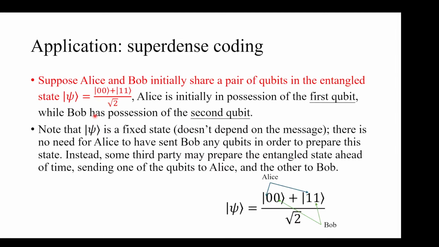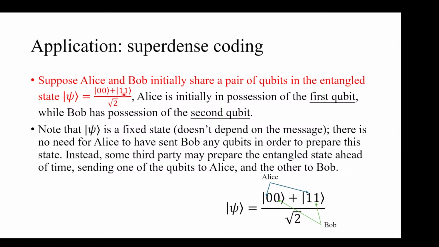So first step is we have a huge catch here. We need to suppose that Alice and Bob, in addition to Alice being able to send 1 qubit to Bob, actually have something else. This is what's called shared entanglement. Alice and Bob need to initially share a pair of qubits that's in an entangled state, psi equal to (00 plus 11) over square root 2.